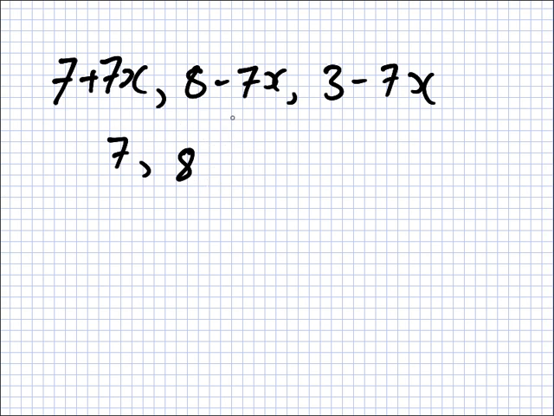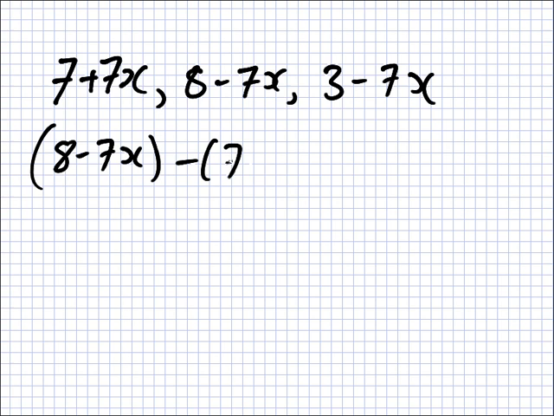So there's some value or values of x that make this sequence arithmetic. How can I figure that out? Yes, good. 8 minus 7x. Then what do I do? Minus 7 plus 7x. Yeah, and next then? Yeah, that's it.